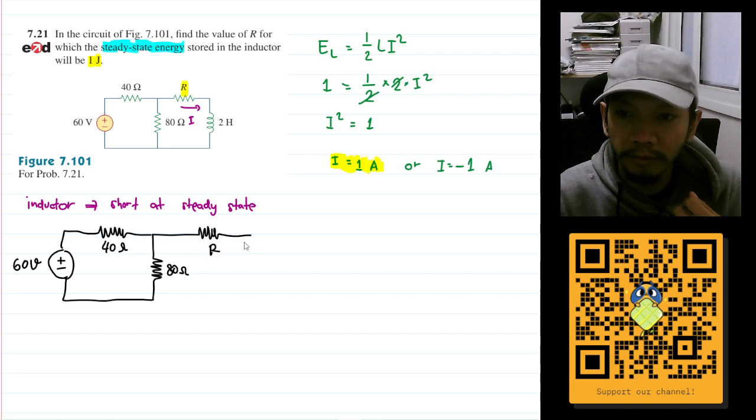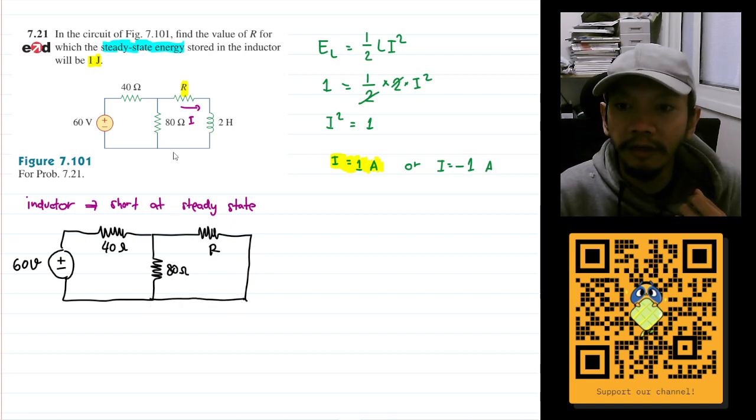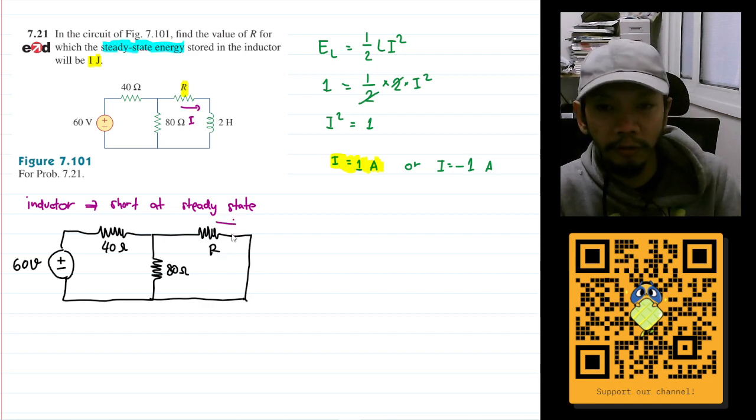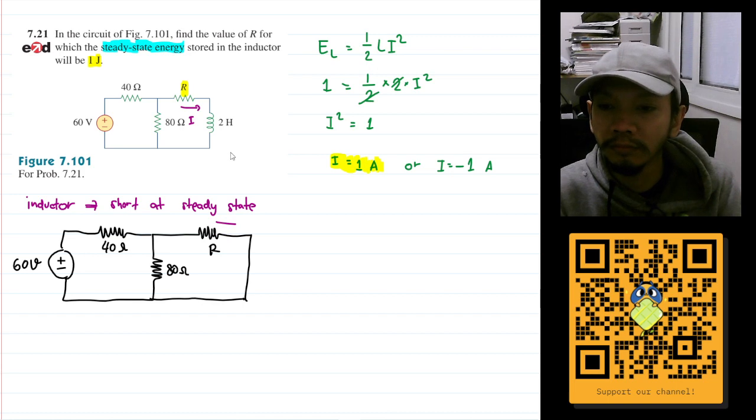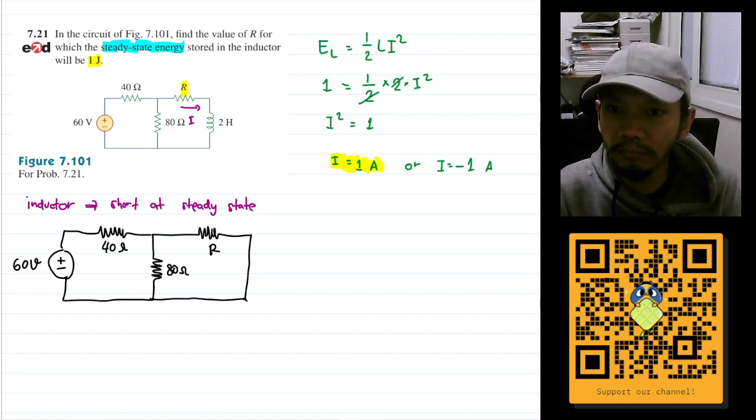So R, and we will have this 2 Henry replaced by a short circuit. Okay, and we need to find out the I here. Let's use green instead. So we want to find out this I here.